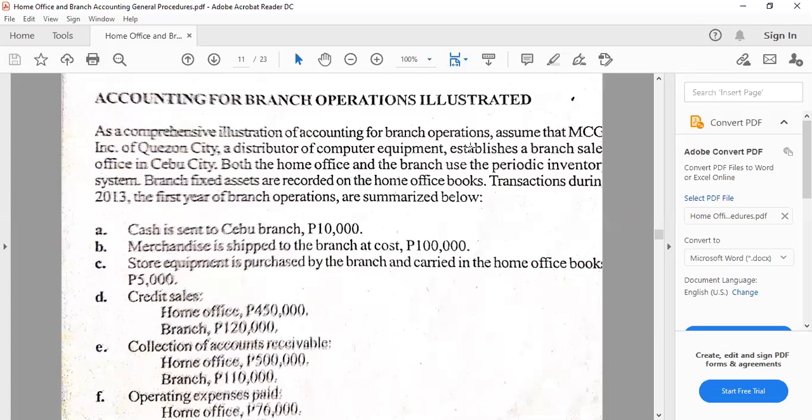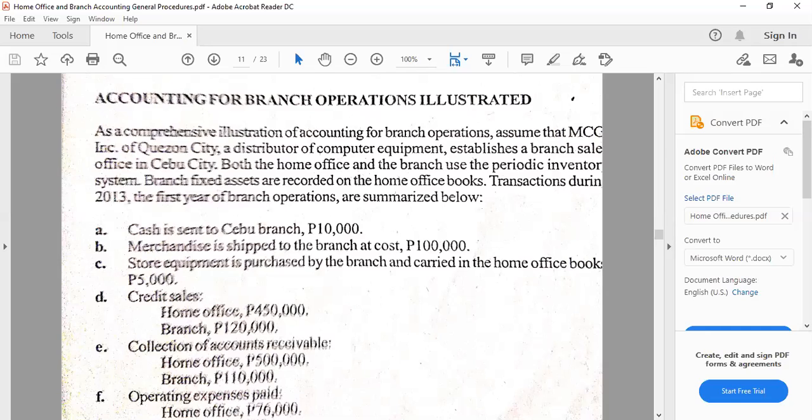It's just that we are going to add the reciprocal accounts to our analysis. Then we have to take note that in the event that there is no mention about whether the transaction is done between or among the home office and the branch or branches respectively, then such transactions are done individually by the said entities. All right.